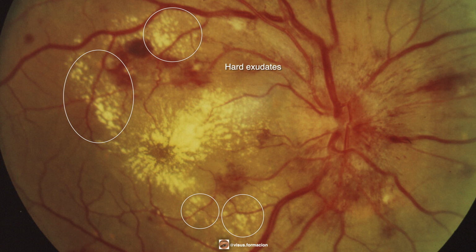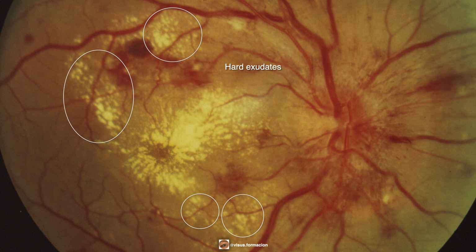Ophthalmoscopically, hard exudates appear as small white or yellowish-white deposits with sharp margins. They often appear as if they are made of wax, shiny or glittery. They can be arranged as single dots, confluent patches, sheets, rings, or crescents.